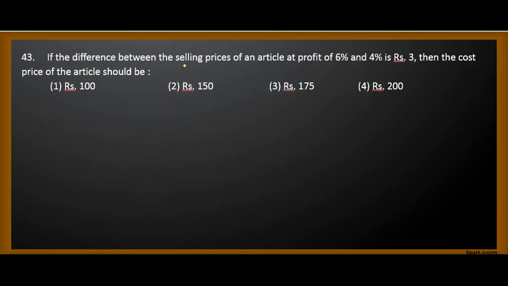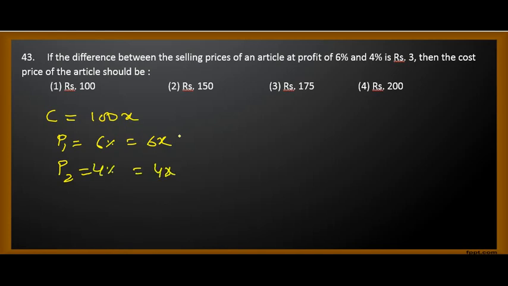The difference between the selling price of an article at profit of 6% and at 4% is 3 rupees. Assume that the cost price is 100x. First one is sold for a profit of 6%, which is equal to how much? 6x. Second one is sold at a profit of 4%, which is equal to how much? 4x.